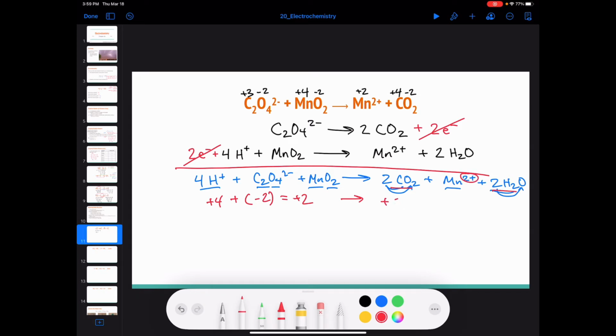So we've got a +2 charge on the right. We actually don't care what the charge is on both sides as long as it's equal, okay? So at this point, we're done. That's officially our balanced equation right here. I'll just erase some of this stuff just to declutter it, but that is our official balanced redox reaction. A little bit of work, right?